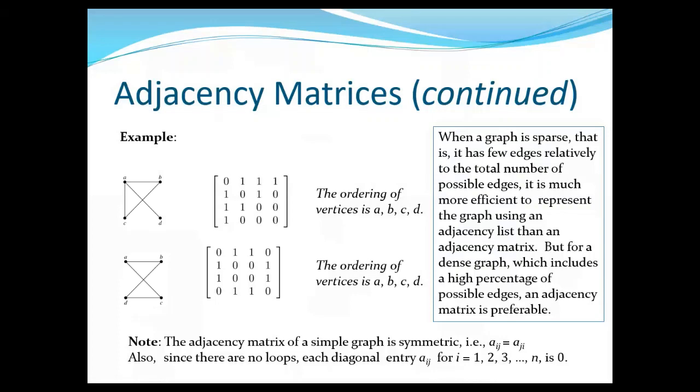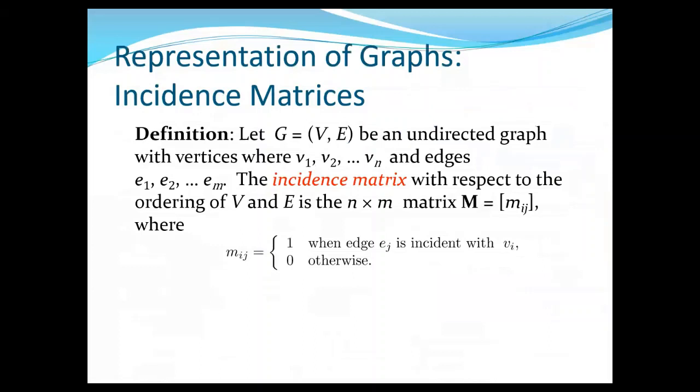Another way of representing our graph is using an incidence matrix. Here we need to define and label all the edges. The edges will be the columns, and the rows represent the vertices.